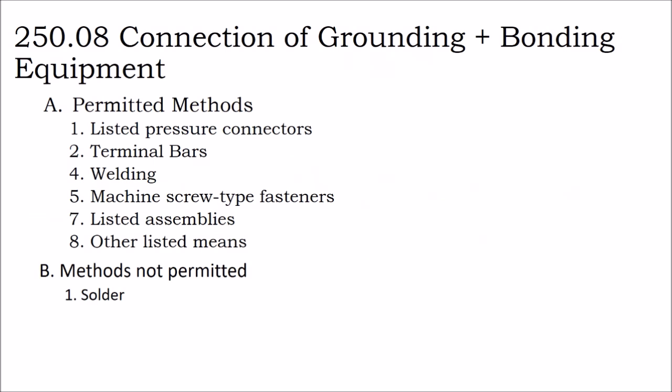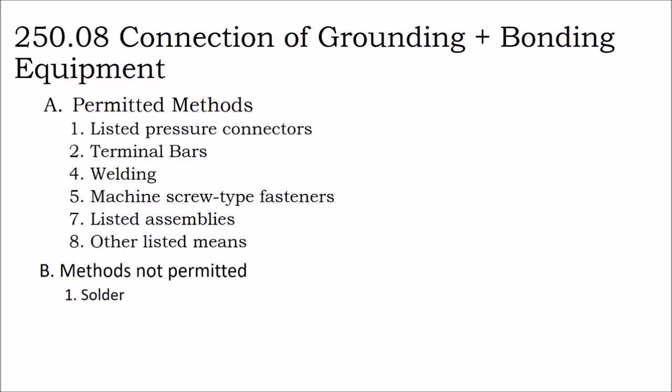Connection of bonding and grounding equipment. So there's a wide number of ways that you can connect pieces of metal to the grounding system. You may use a terminal bar. You can weld. You can use grounding screws, which are machine screw type fasteners, listed grounding assemblies, pressure connectors.